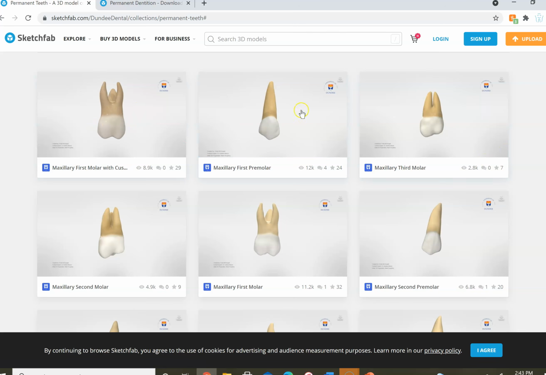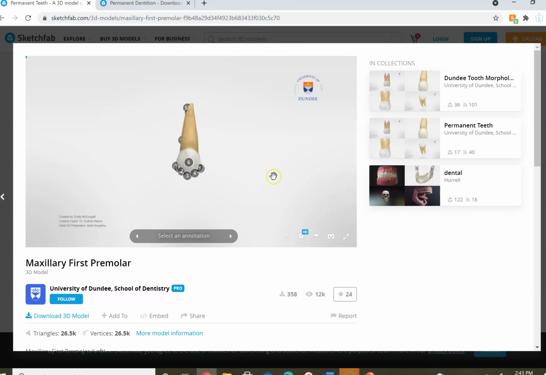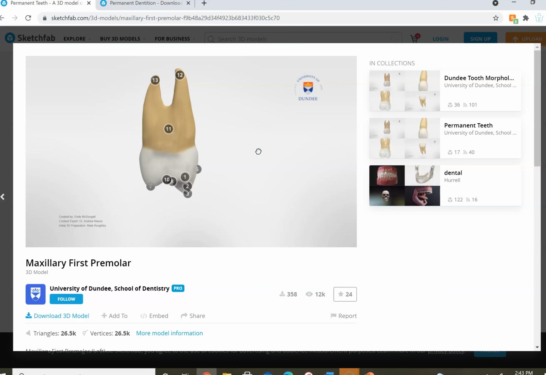Let's see if I can find a tooth. Let's look at this one. I'm going to make it a little bigger so we can see better. This is a maxillary first premolar. When you look at the mesial side, this is the CEJ, the cemento-enamel junction.